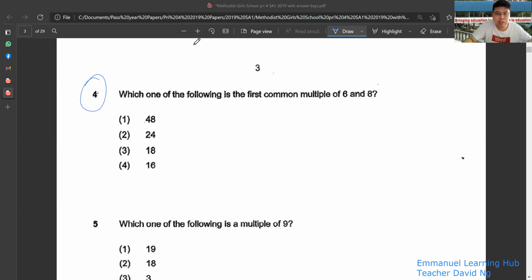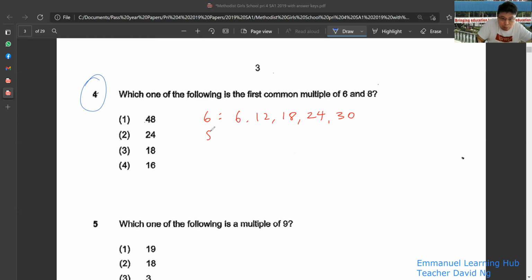So the multiples of 6, what are the multiples of 6? 6, 12, 18, 24, followed by 30. Okay, you can stop here now.